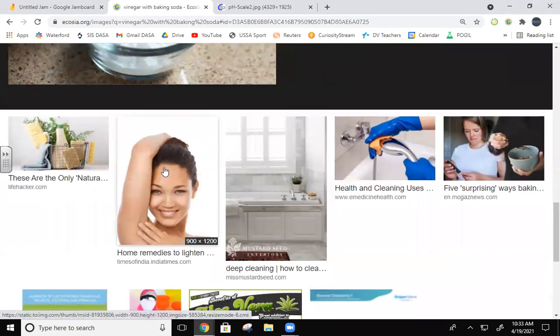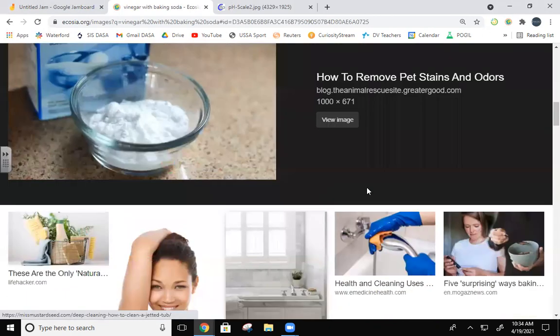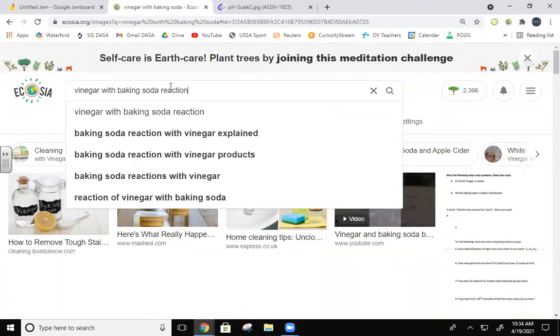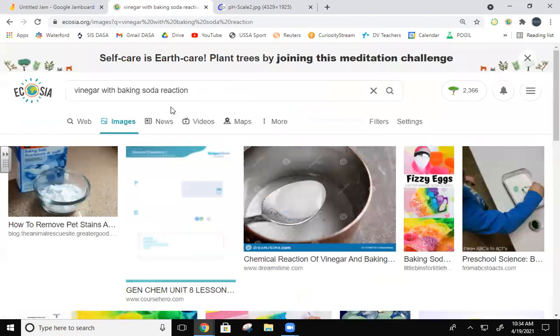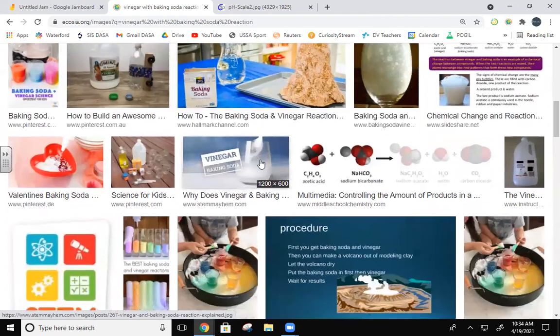Home remedies. See, this is the kind of crap that drives me insane. Home remedies to lighten your skin. Don't do this. Don't, oh my gosh, get out of here, guys. Okay, I can't handle it. Oh, we're still getting some bull crap. Guys.